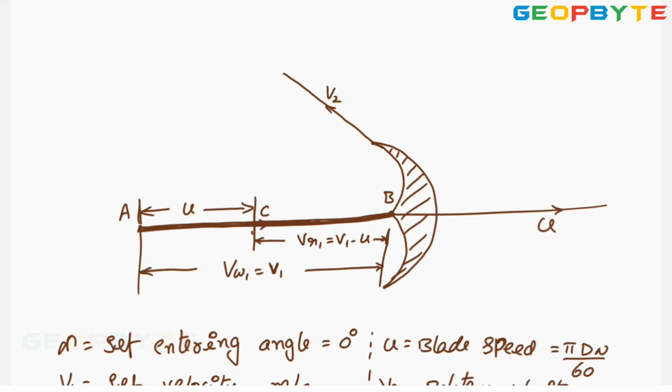Here this jet velocity is marked with respect to the water deflection angle. Once the jet of water hits the blade at B, the water is deflected in this direction. This is the water deflection angle.